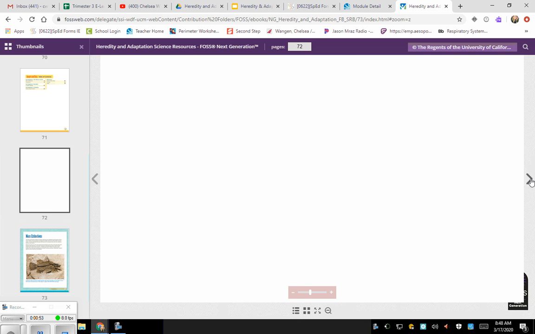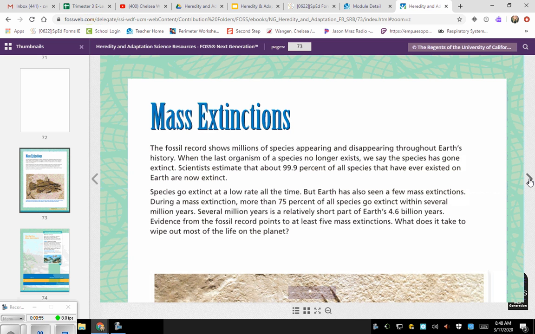So as we read, here we go. The fossil record shows millions of species appearing and disappearing through the Earth's history. When the last organism of a species no longer exists, we say the species has gone extinct. Scientists estimate that about 99.9% of all species that have ever existed on the Earth are now extinct.